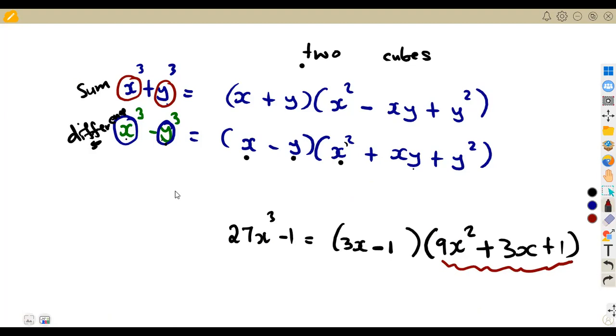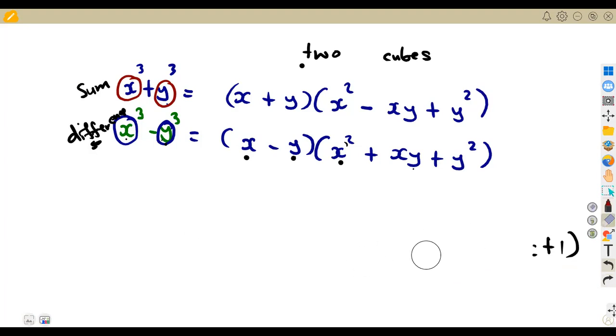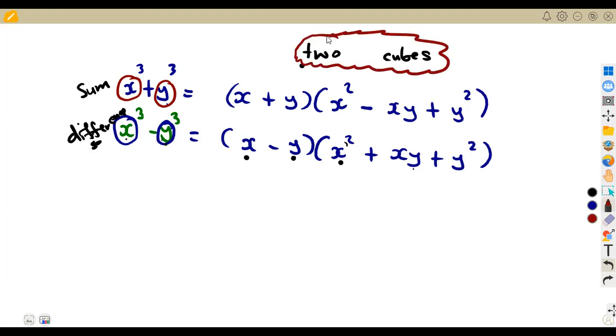No matter how you try, this cannot be factorized. It's already in the simplest form. They already gave us a format which gives the answer in simplest form. So this can be used to answer any question as long as it is between 2 cubes, whether it's a sum, whether it's a difference, as long as you are working with 2 cubes.